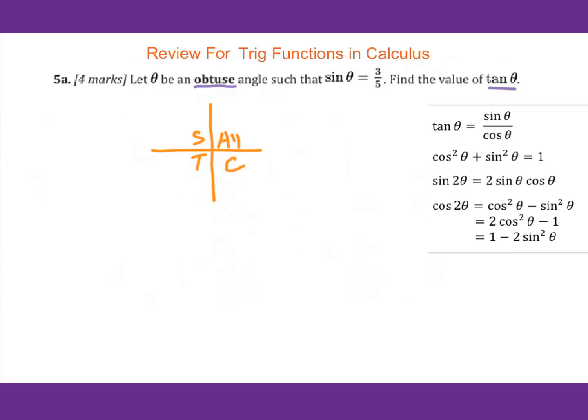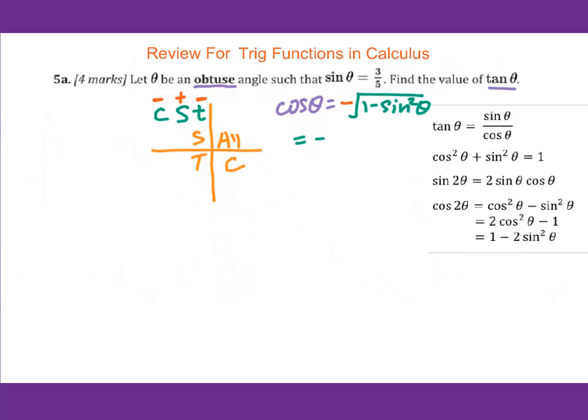So for the second quadrant, only sine is positive. So you can write down positive sine, negative cosine, and a negative tangent. Therefore, for sin theta equals 3 over 5, cosine theta equals negative square root of 1 minus sin squared theta.